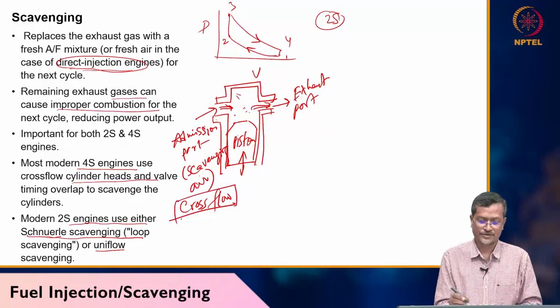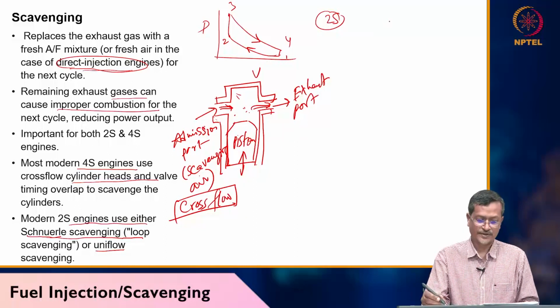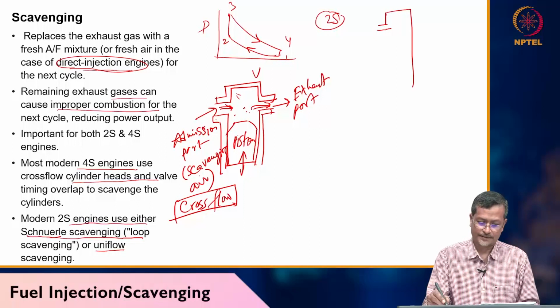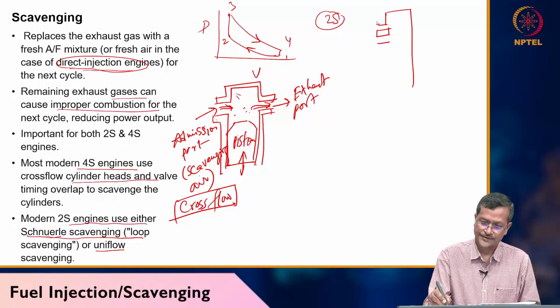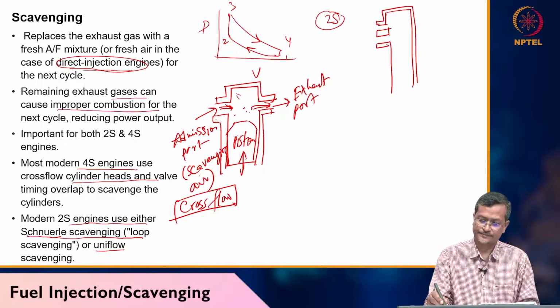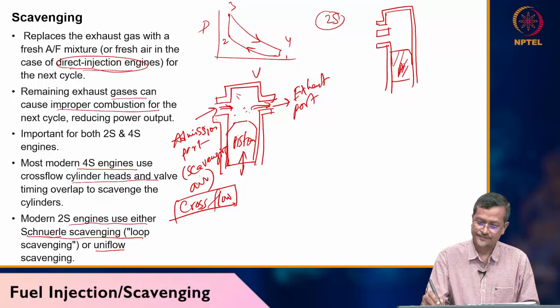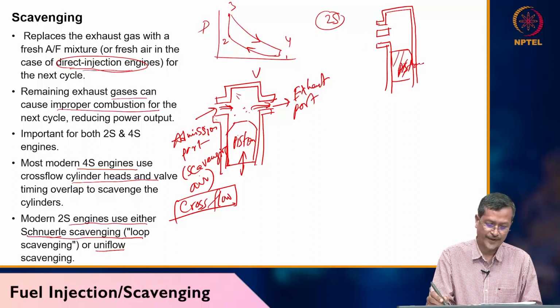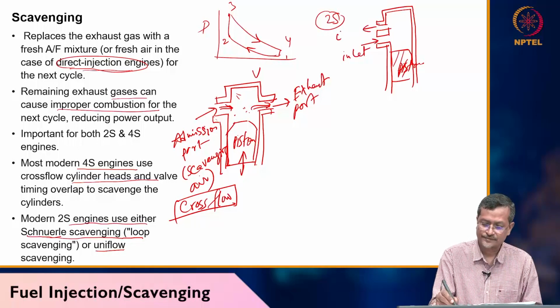So another is the loop scavenging system. What is the loop scavenging system? It is like this. The piston is here, and fluid will be entering like this through the inlet, and the exhaust is here. So the fluid will be following this circular path.